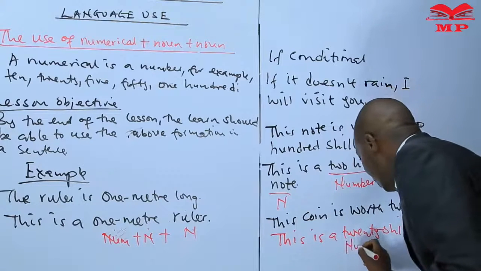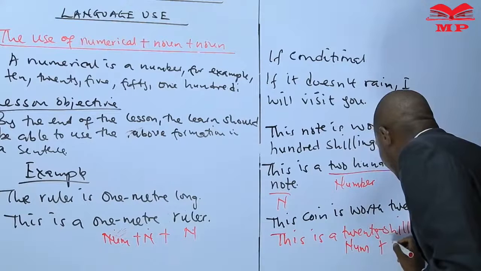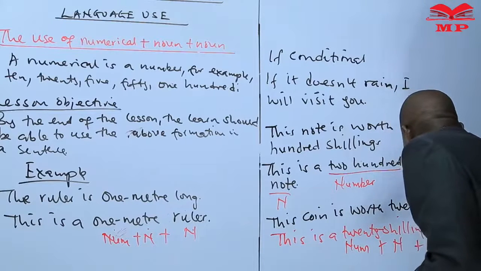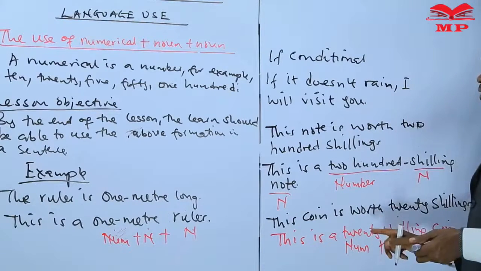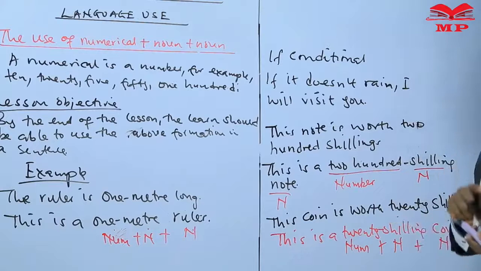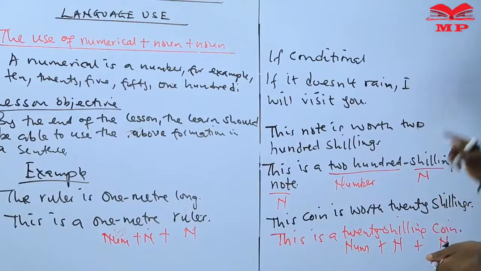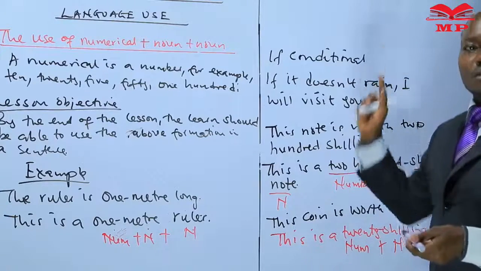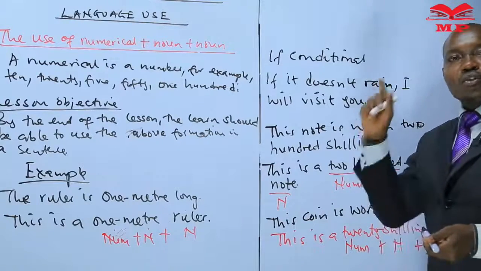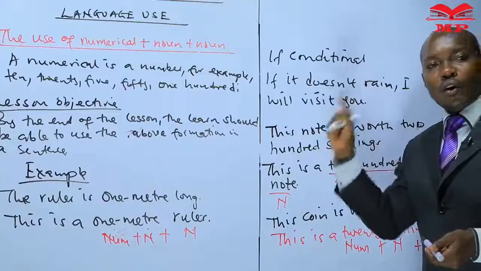Here is our numerical. We have our noun. We have another noun. This is a 20 shilling coin. Please note, we don't say 20 shillings coin. No, we say 20 shilling coin.